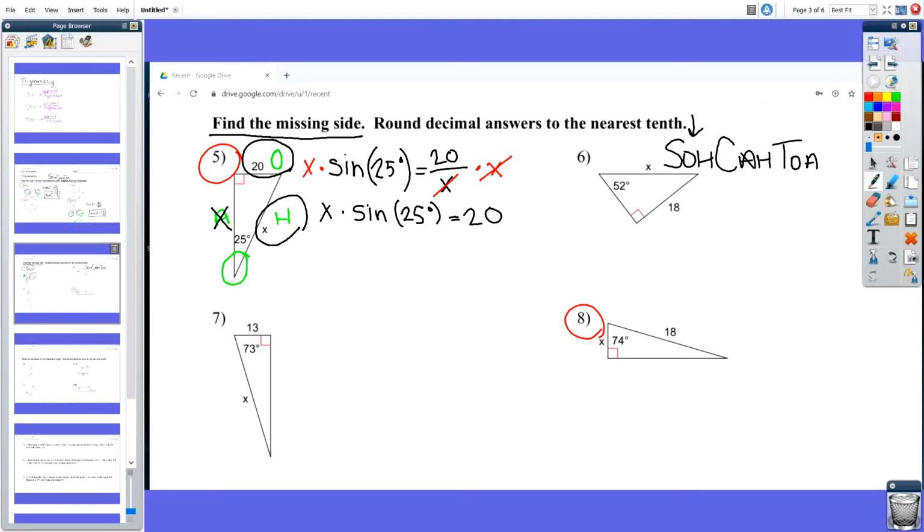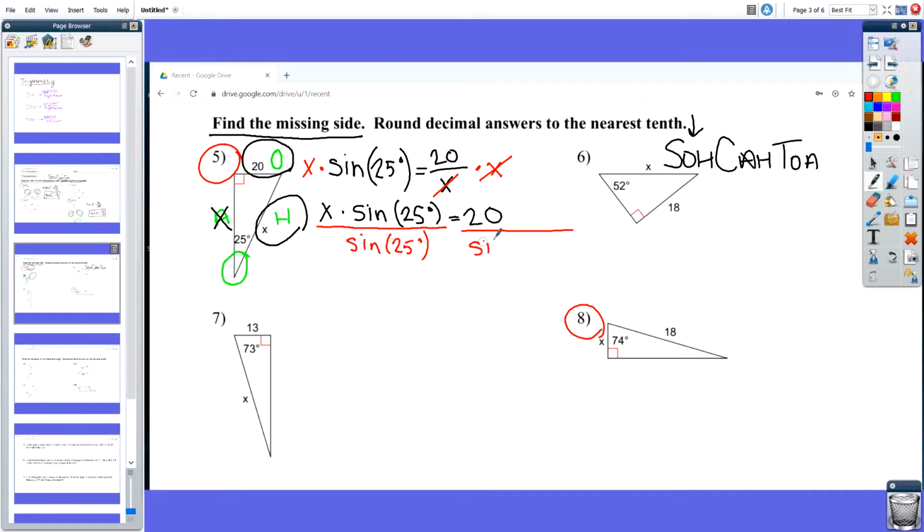But we still don't have x quite by itself yet, so we do need to do one more step to get x by itself. And we're going to divide the whole side by sine of 25 degrees.